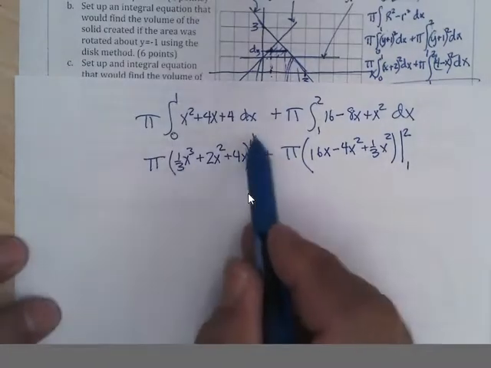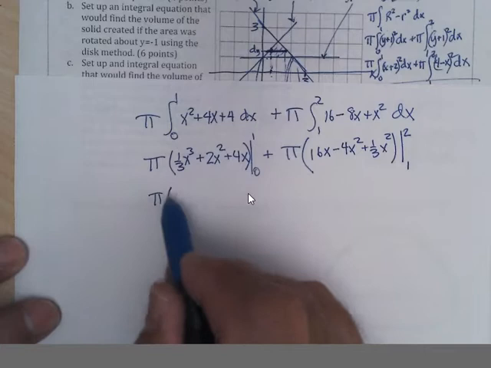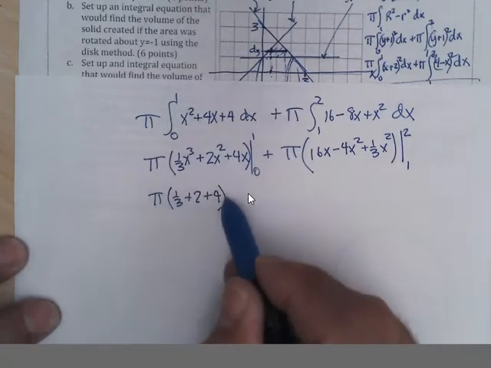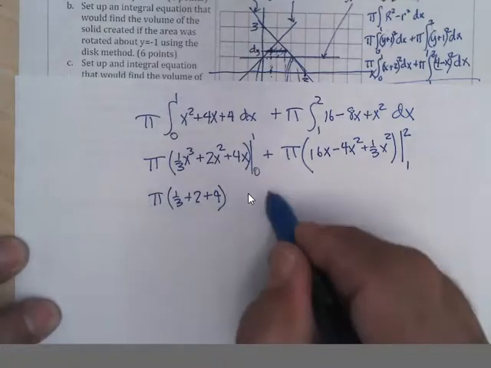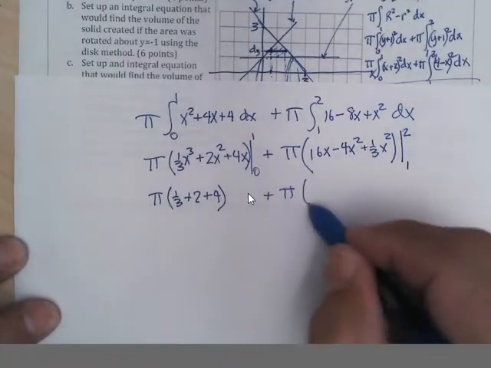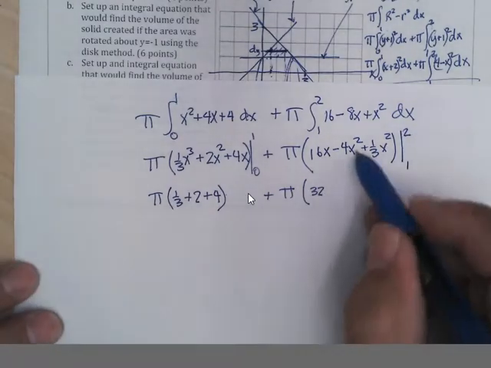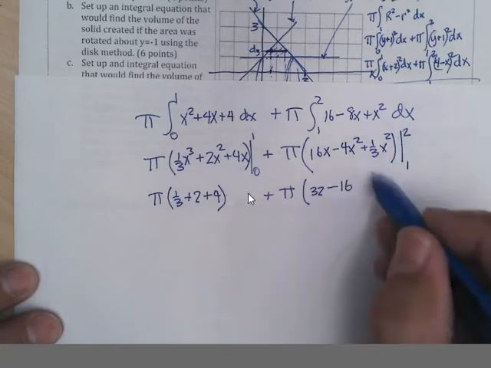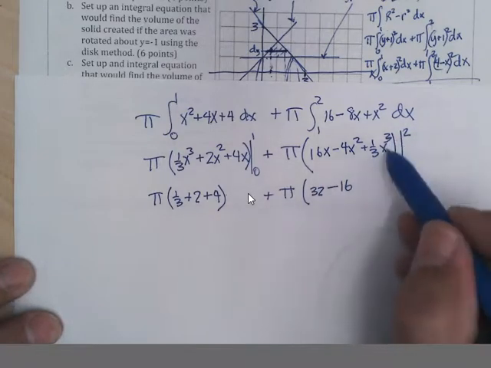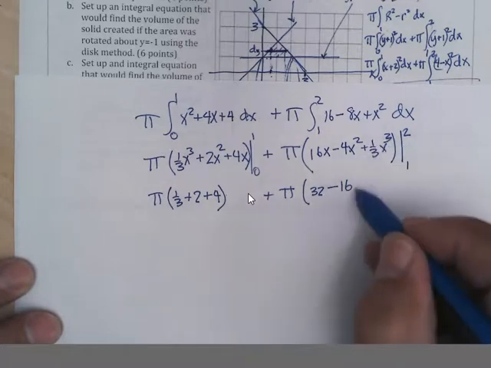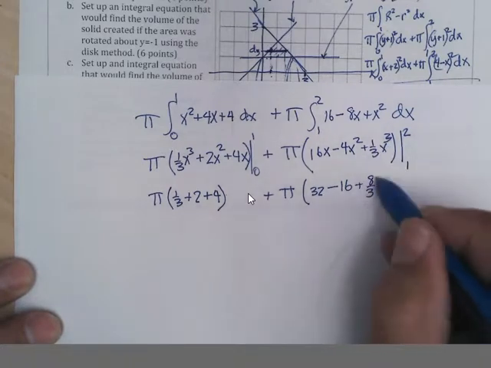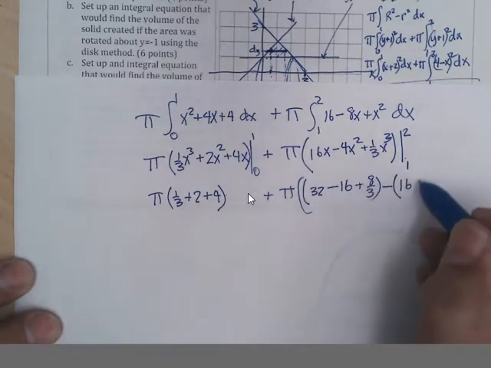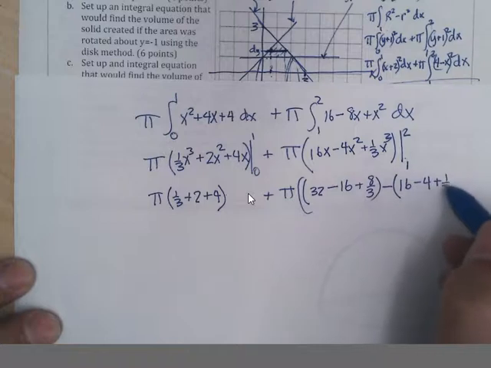This comes out to be 1/3 plus 2 plus 4 minus 0, plus pi times, this will be 32 minus 16 plus, oh, this is third power, 8/3, minus, putting in 1, I get 16 minus 4 plus 1/3.